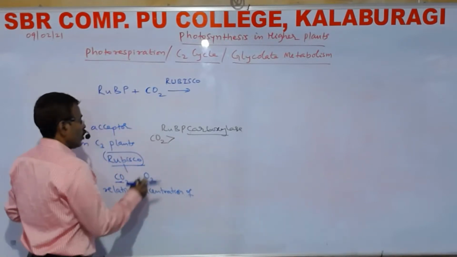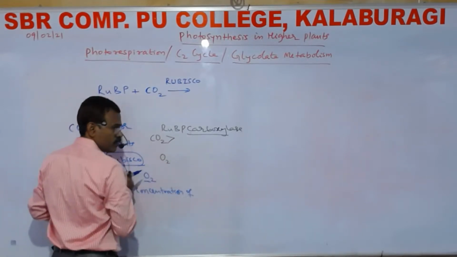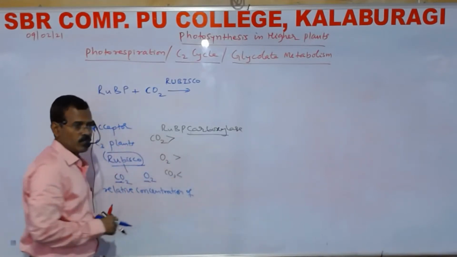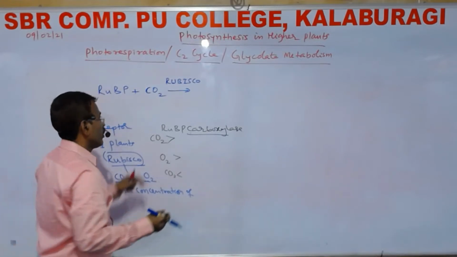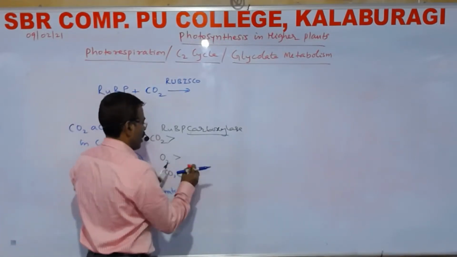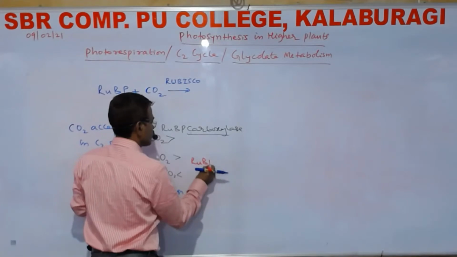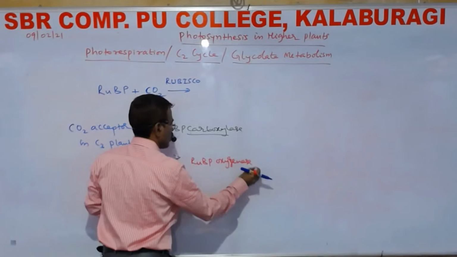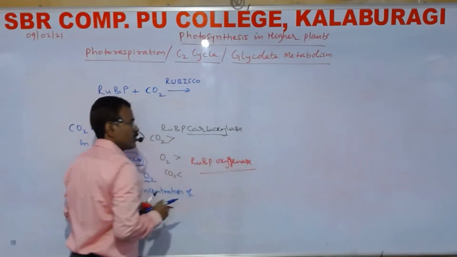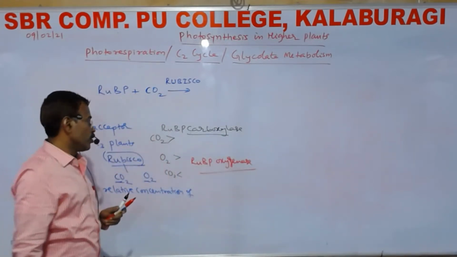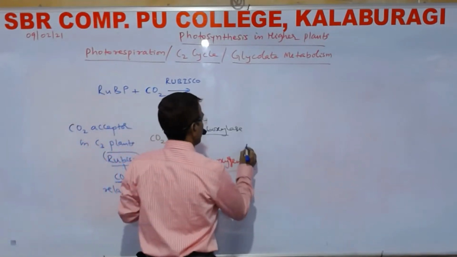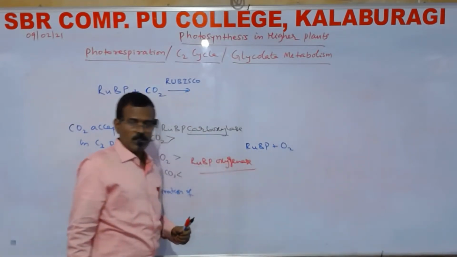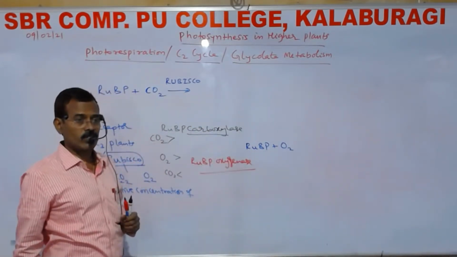But when the relative concentration of oxygen is more and carbon dioxide concentration is less, in that case this enzyme acts as RuBP oxygenase enzyme. So here RuBP will fix oxygen rather than carbon dioxide.